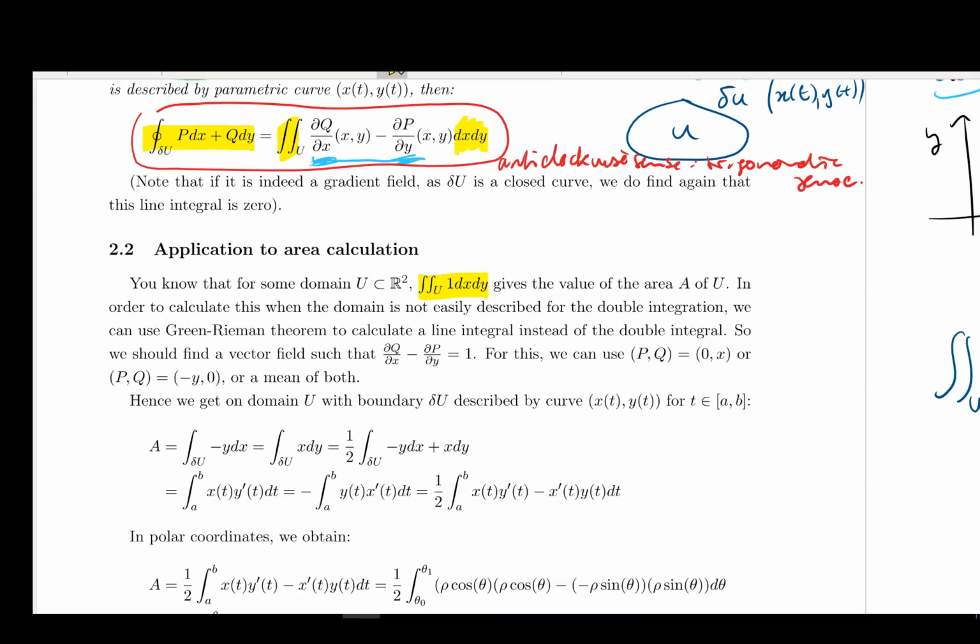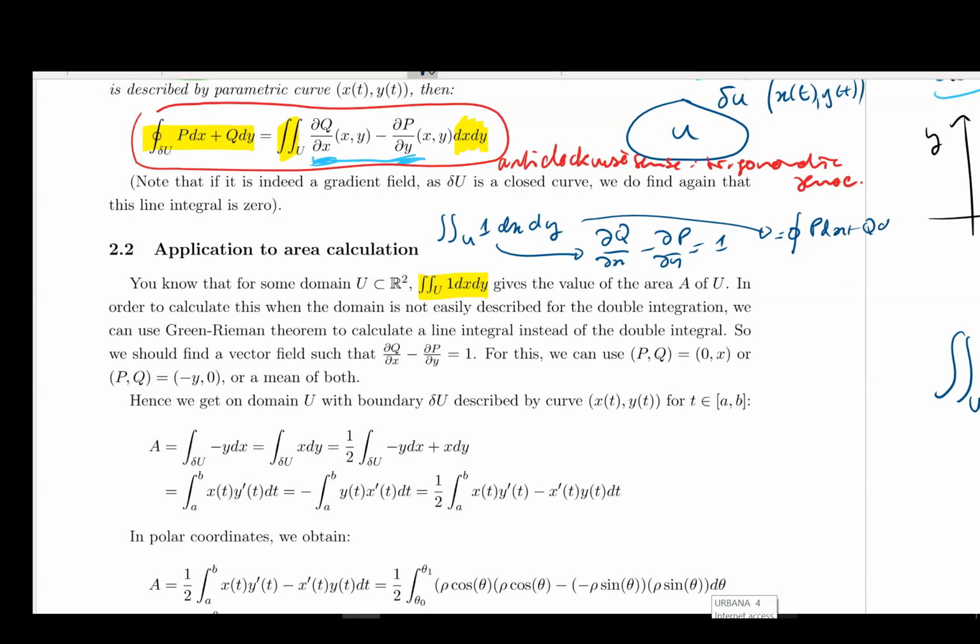So what do we need? If we apply the previous theorem, I know that if I can find a vector field P and Q such that dQ over dx minus dP over dy is equal to 1, I will be able to relate that, and then this double integral is going to be equal to the line integral of P dx plus Q dy.